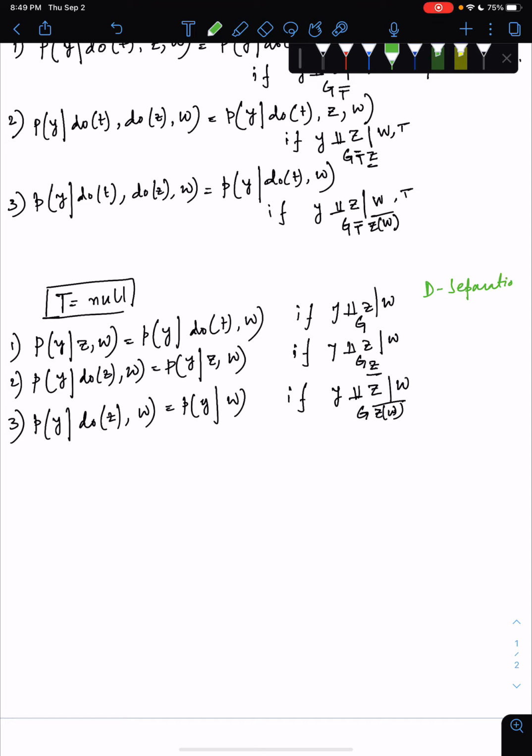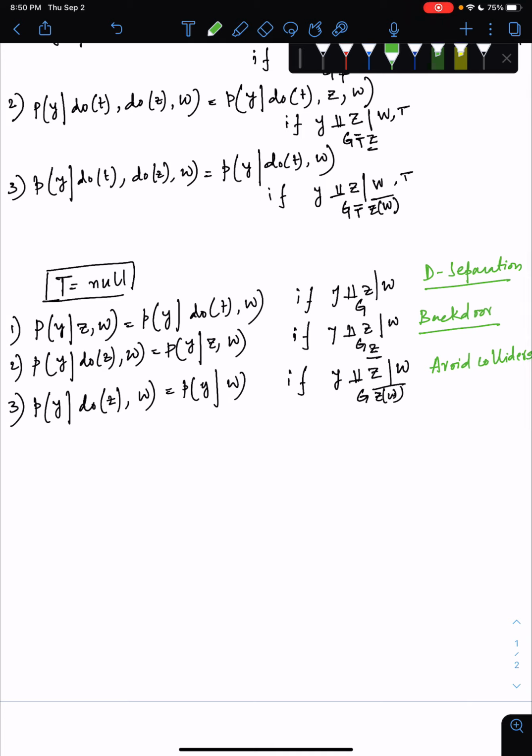This is the generalization of backdoor criterion. And this is not a generalization of any particular rule, but it is there because we want to avoid the colliders.